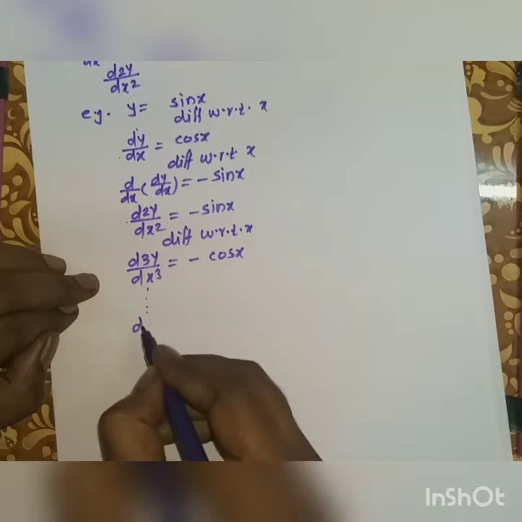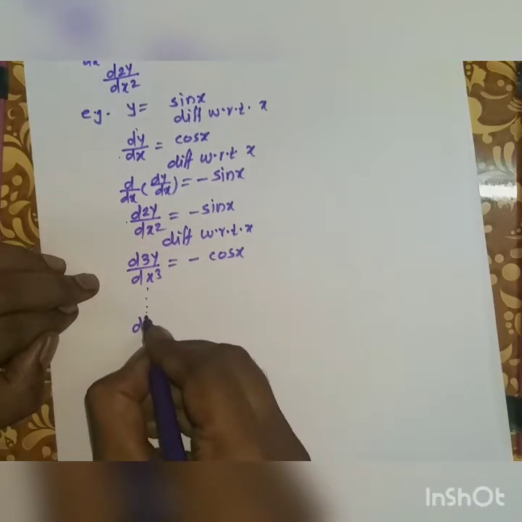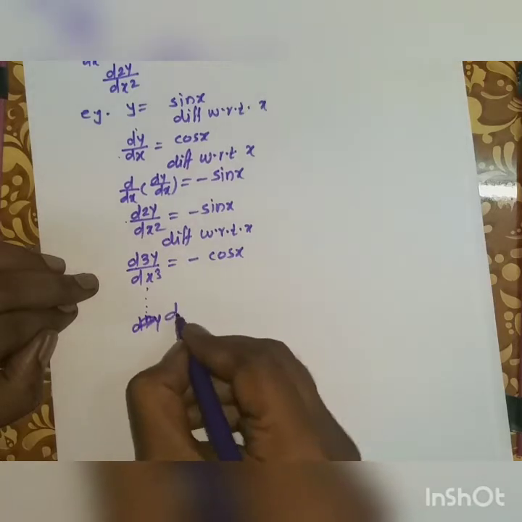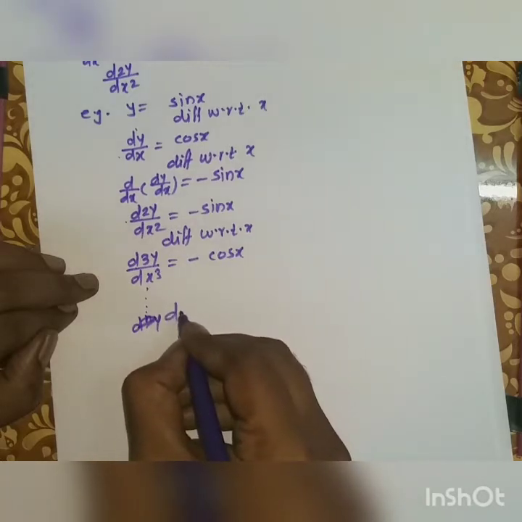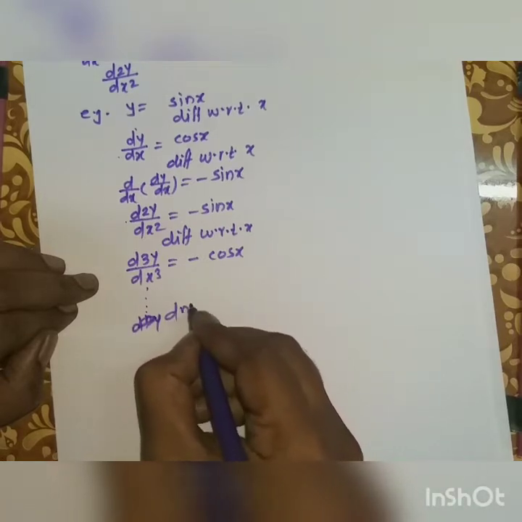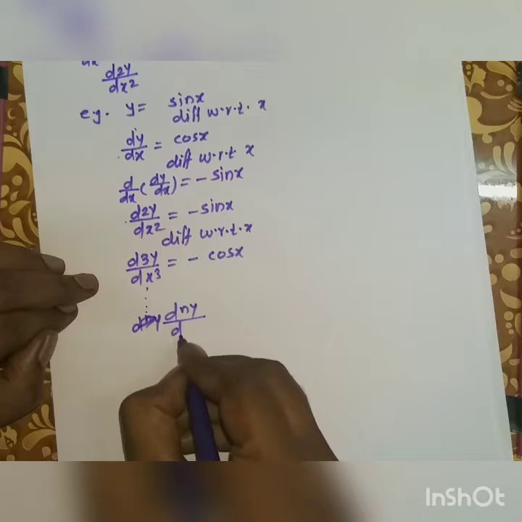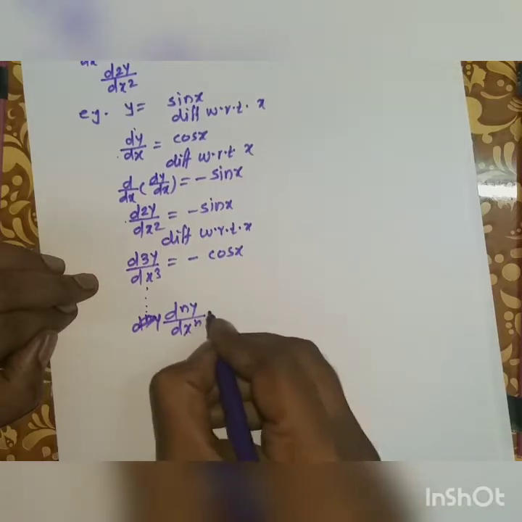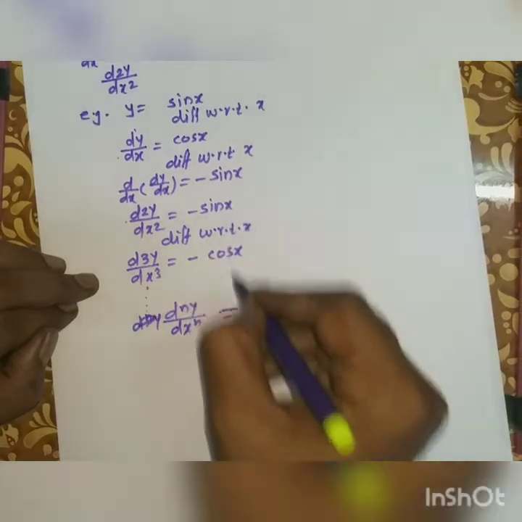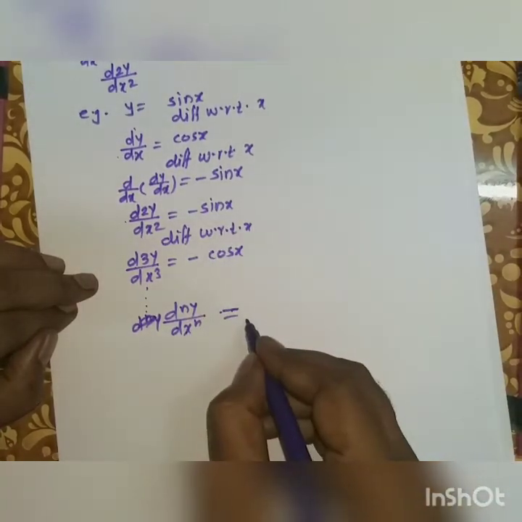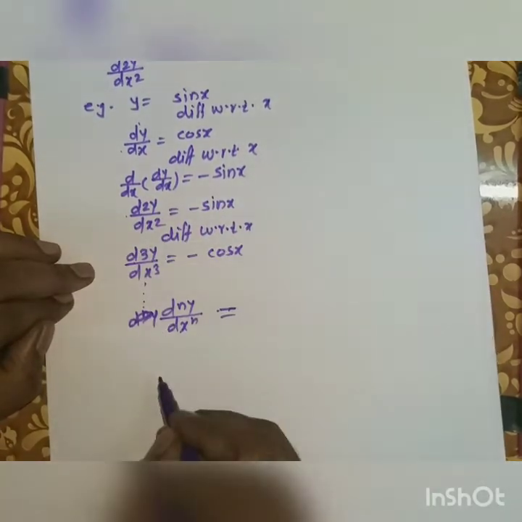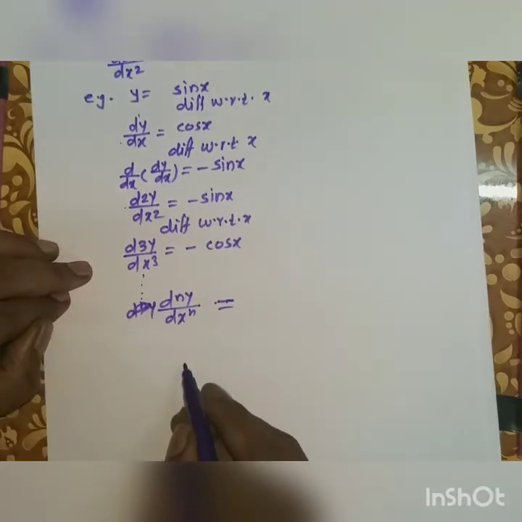Continuing this process, if the function is n times differentiable, then the nth order derivative of the given function is dny divided by dx raised to n. We can find the general form, but we are studying only how to find the nth order or higher order derivative.